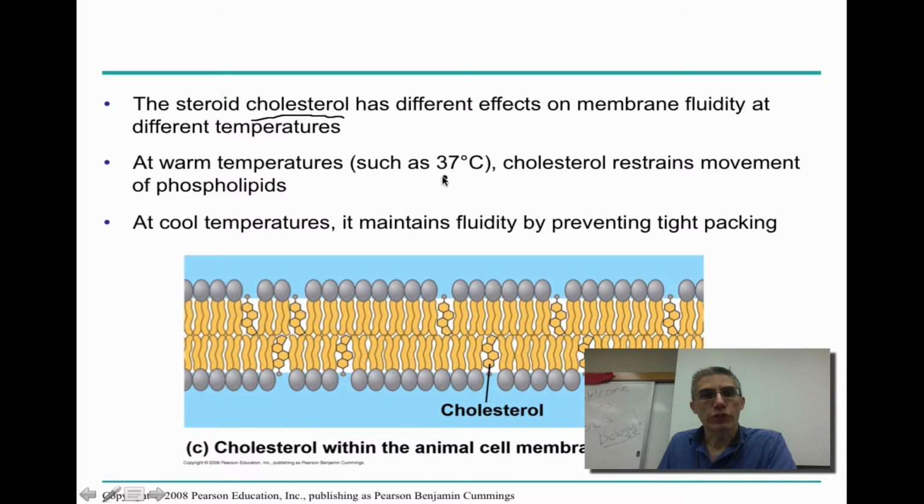At warm temperatures, such as around 37 degrees Celsius, cholesterol is going to restrain the movement of those phospholipids. But if you cool it down a bit, it actually maintains the fluidity by preventing that very tight packing that you would see if it was primarily just the phospholipid bilayer. So it prevents that compact nature of the membrane.